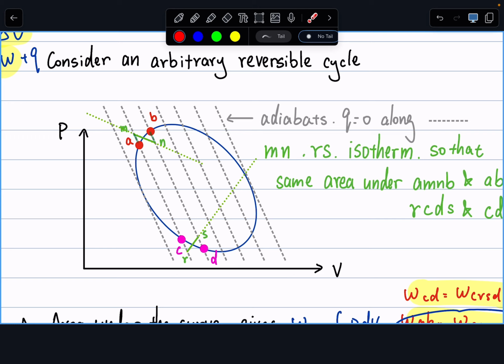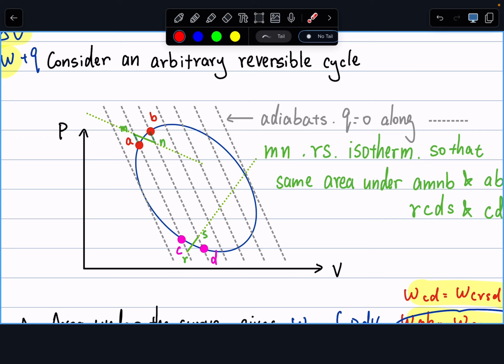So Q_AB is effectively equal to Q_MN. We don't need to know what the heat transfer is between A and M, or between N and B, or B and N, vice versa. So my Q_AB thus becomes Q_MN. And the same applies to the bottom triangle, where we have Q_CD equals Q_RS.